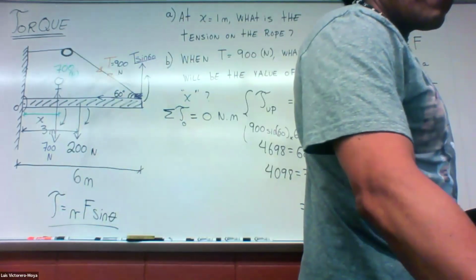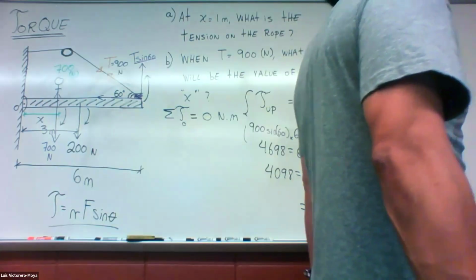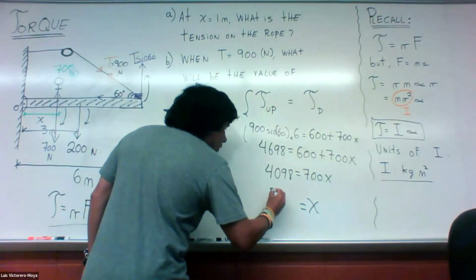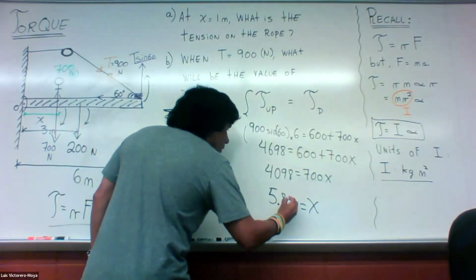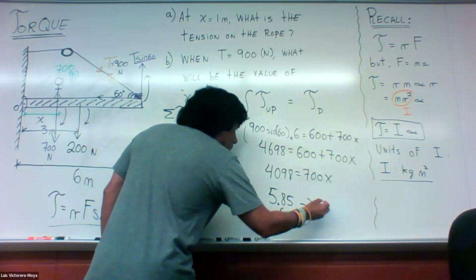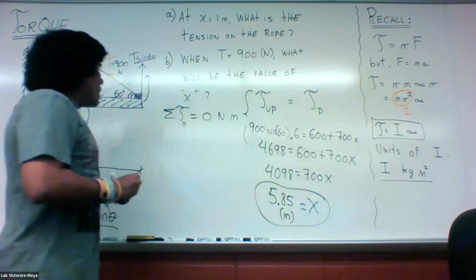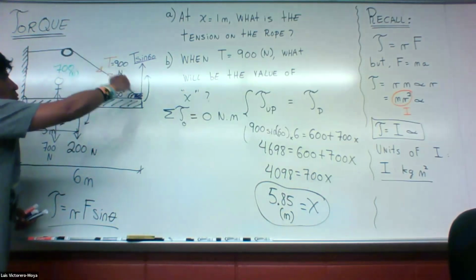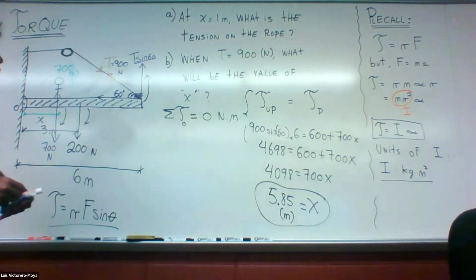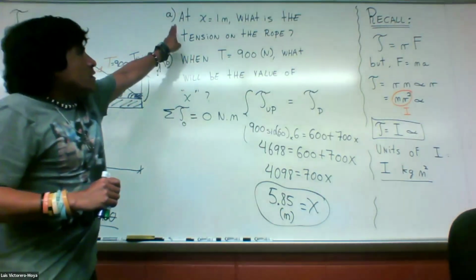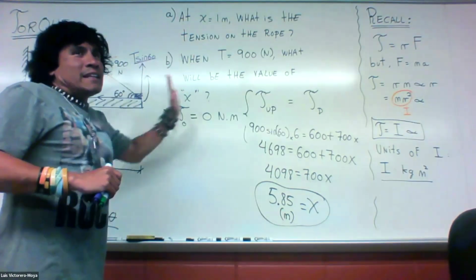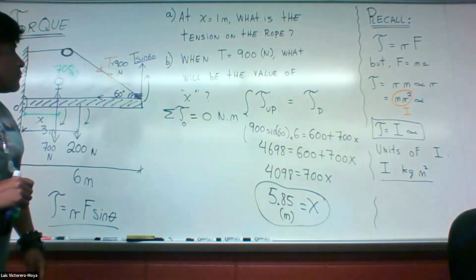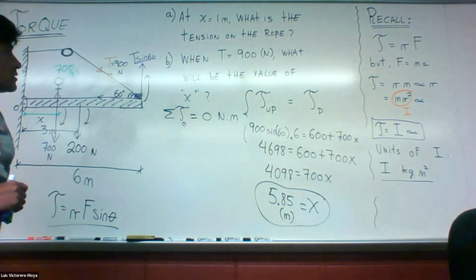Let's see. 5.85. Okay. So the person can move all the way to here for the tension to be 900. And it makes sense because the tension on part A was 250. So 900 is like the limit, right? It's like the upper limit before it probably falls.